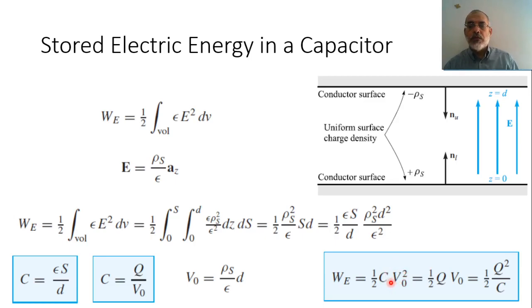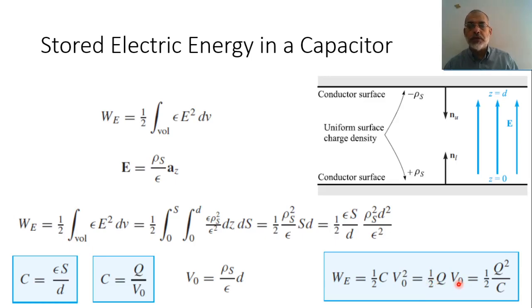Now, if we say that the capacitance is Q over V naught, then half Q over V naught multiplied by V naught squared can be written as half Q multiplied by V naught.